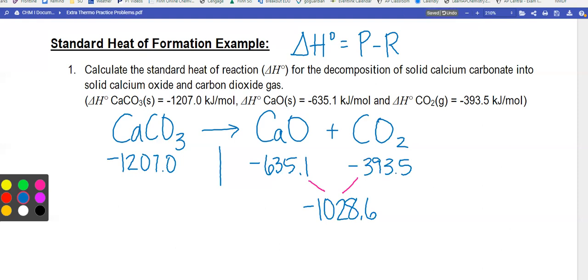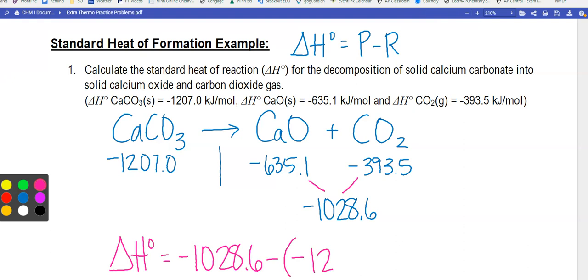So now to take our products minus reactants to find our standard heat of reaction, then we're actually going to take the negative 1028.6 minus a negative 1207.